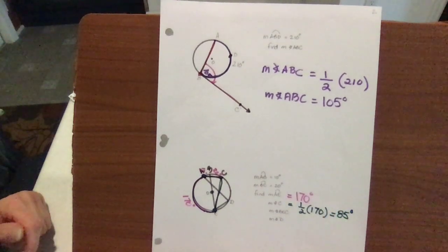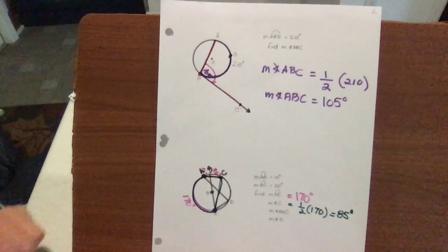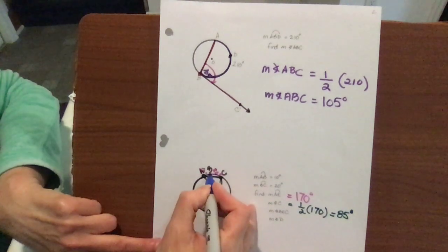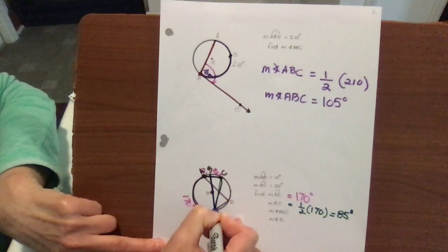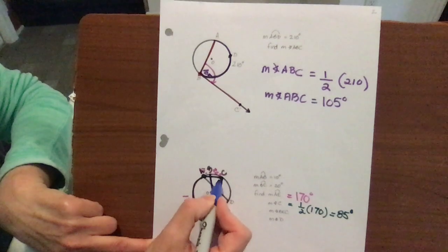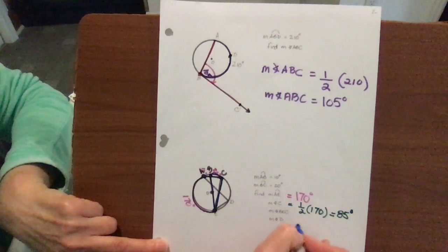Okay. Now we're looking at the measure of angle BEC. I'm going to highlight that in blue. So BEC, from here to here, and I always trace these angles because then it's easy to find. The intercepted arc is here, which is the measure of arc BC, which is 20.